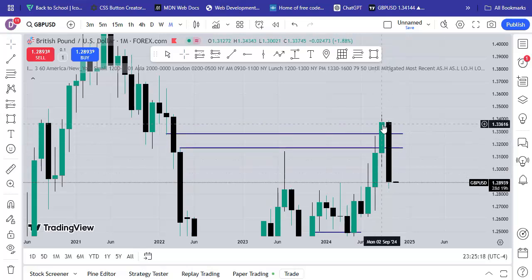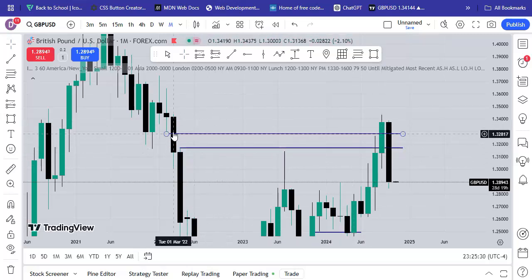So looking closely at this candle, this is the month of September. So we had this month of September fill this fair value gap towards the left, and this was the year 2022. This is March, this is April, and we had price come by September.